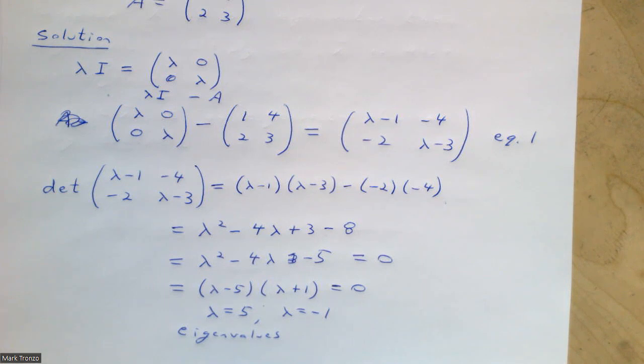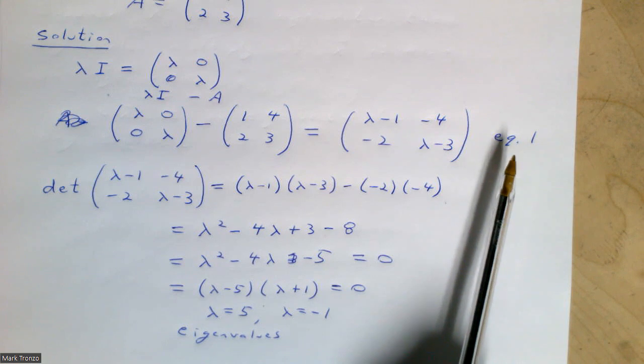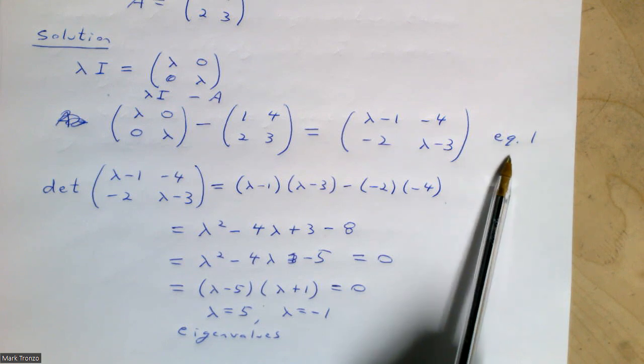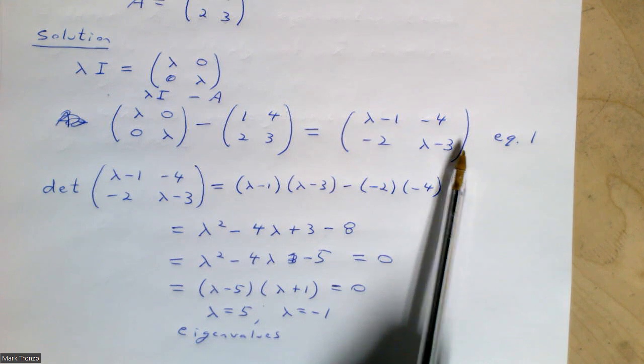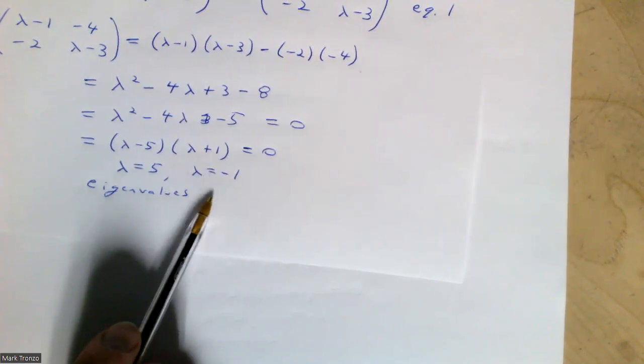So now to find the eigenvectors, what we do is we're going to go back to this equation here and put in each lambda. Let me do it in this order. Let me start with minus 1.